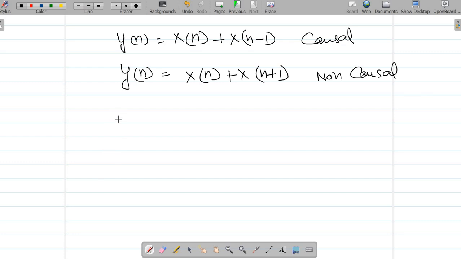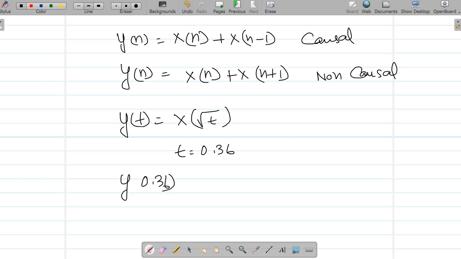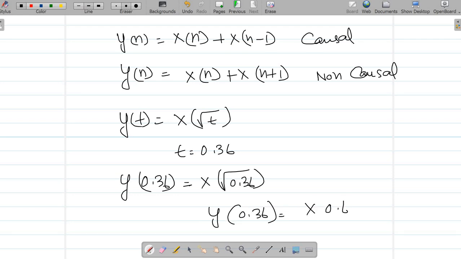Let us say we have a system y of t is equal to x of root of t. Now if you substitute t is equal to 0.36, y of 0.36 is equal to x of root of 0.36, which is x of 0.6.